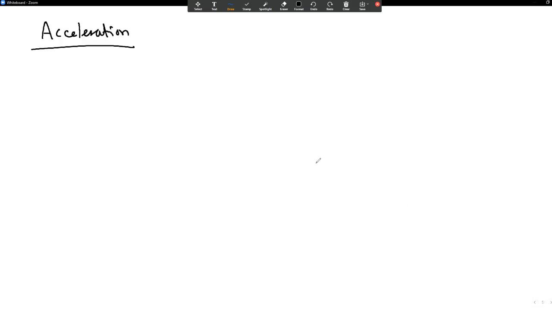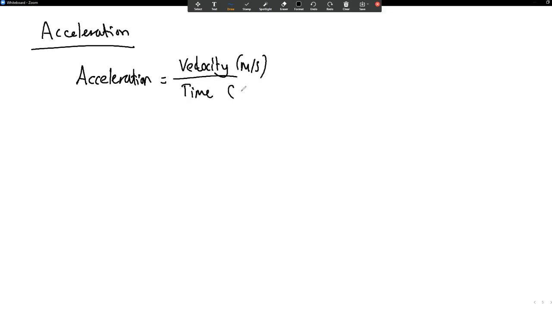Alright, now finally, we have acceleration. Now, acceleration is defined as the velocity over time. So the velocity is in meters per second, time is in seconds. So acceleration is meters per second squared.